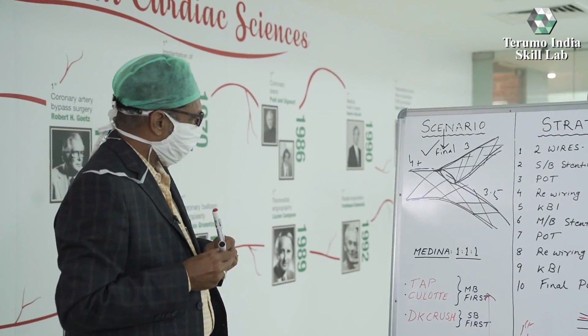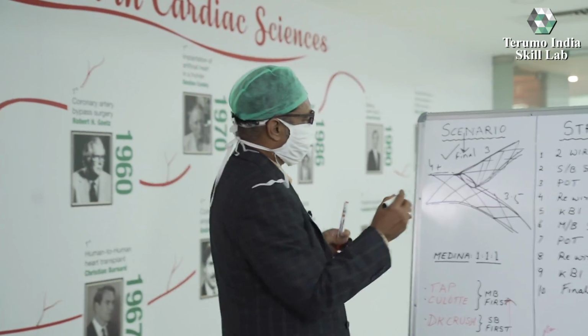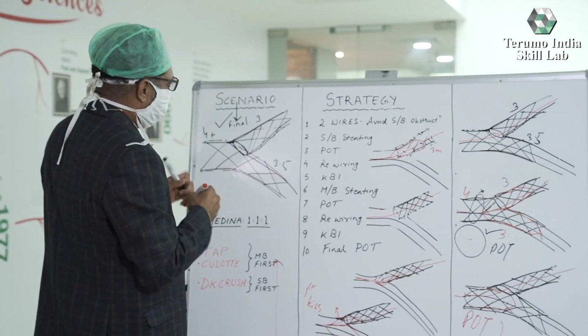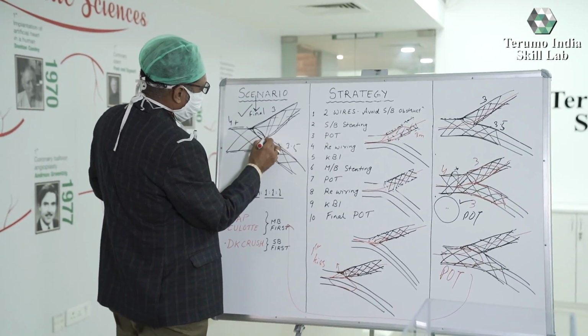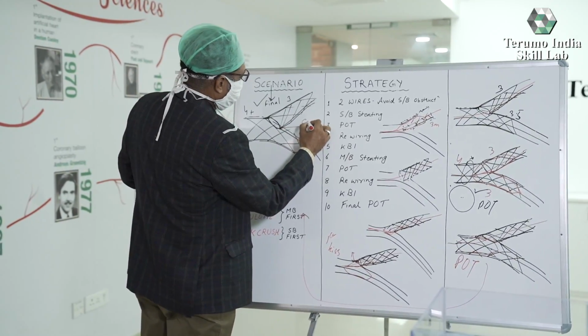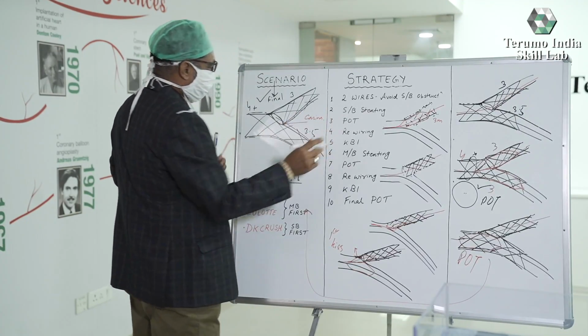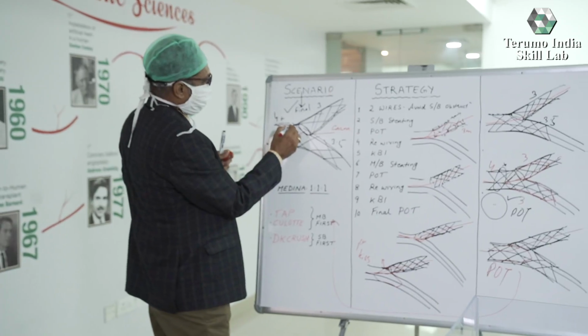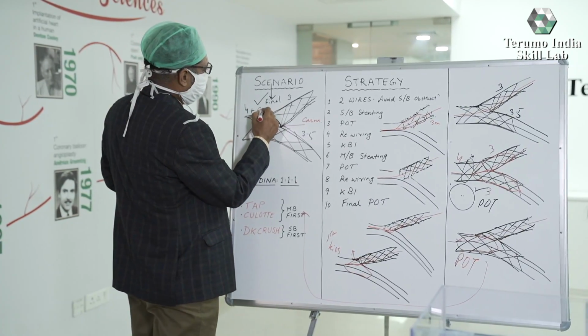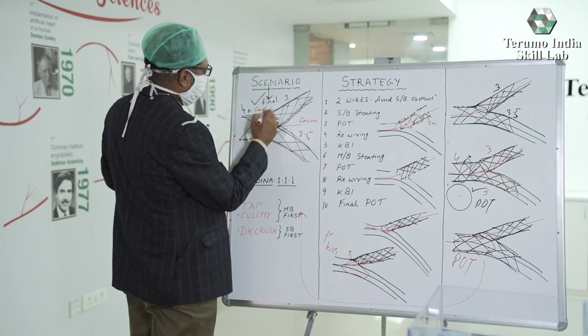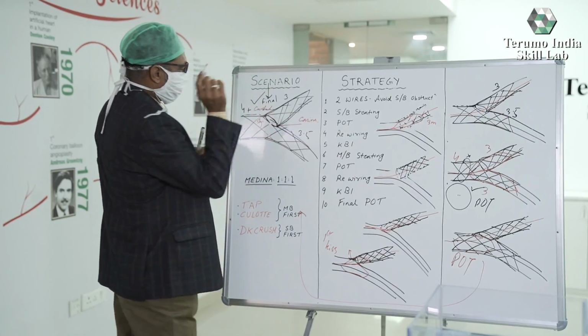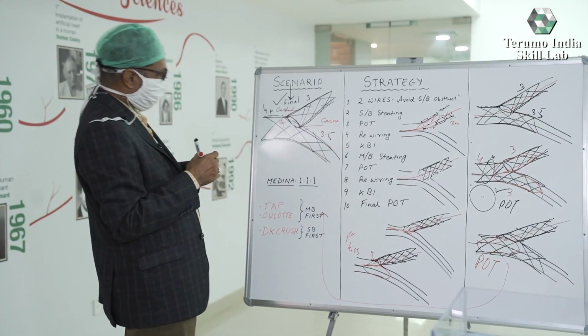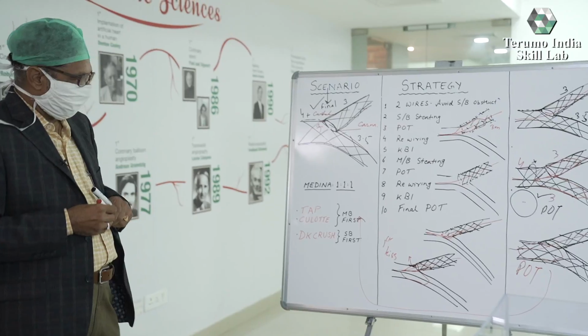So you have a good deployment, well preserved carina. Most important is what is here: a well formed carina with a very small crush segment, good deployment. So that is the DK crush technique.